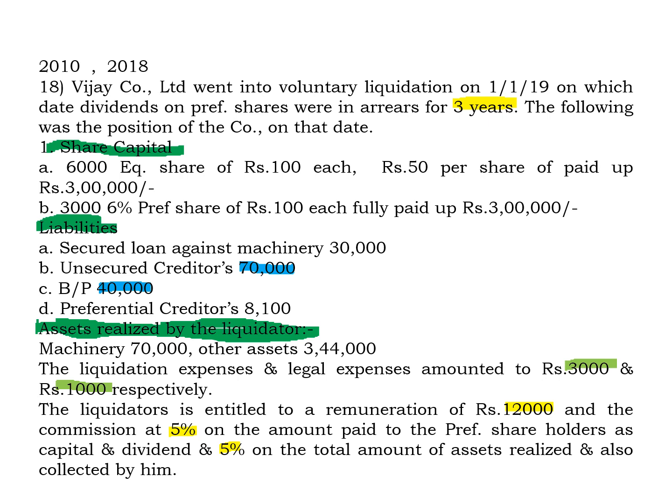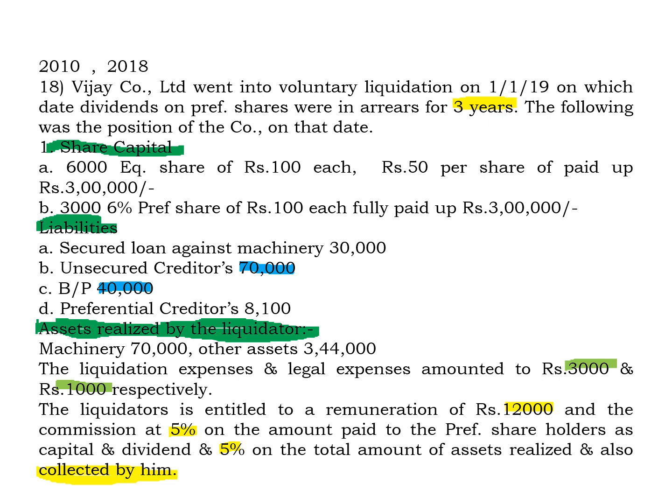The third remuneration is 5% on the sale of assets. So the first remuneration is fixed 12,000. Second, 5% on the amount paid to preference shareholders. Third is 5% on assets realized. And fourth is on the amount collected by him. You need to calculate 5% on whatever he collects.